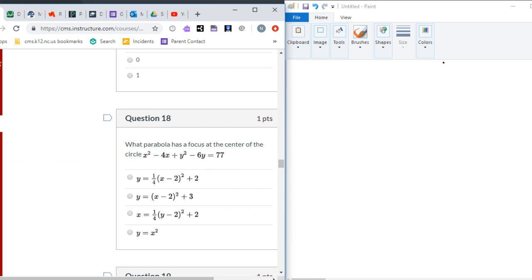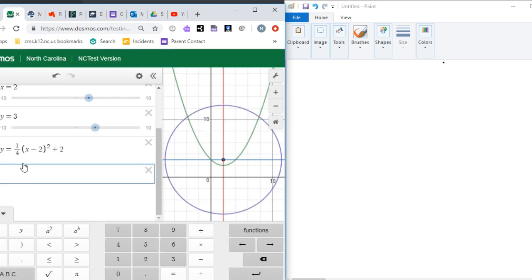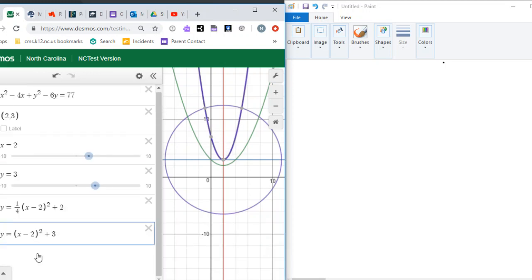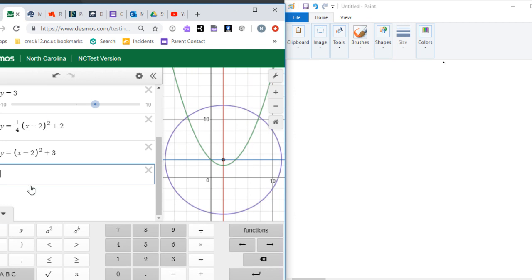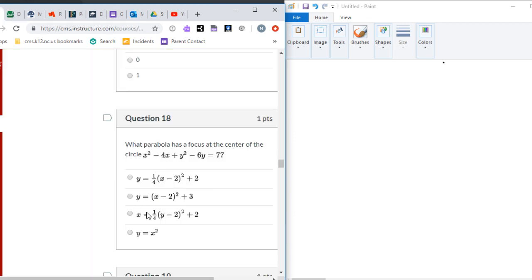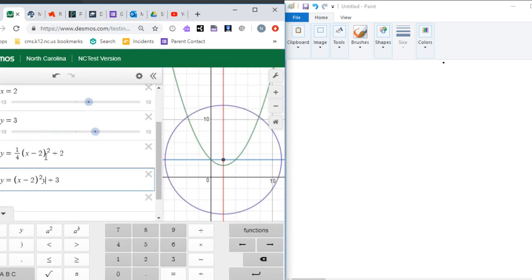(x minus 2) squared plus 3. It has a vertex at the center. The focus needs to be above the vertex, so this is not it. And that's a horizontal one. And so y is equal to x squared won't work.